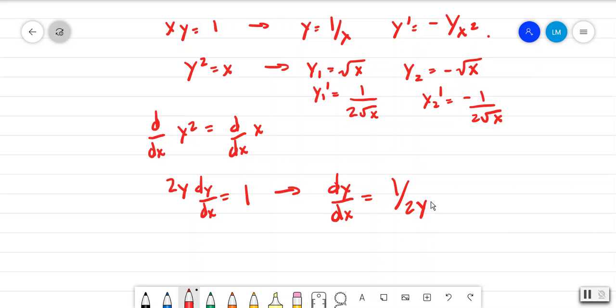Now notice that y was basically just the square root of x, but here we don't really need to consider that because it's not clear whether it is the positive or the negative.